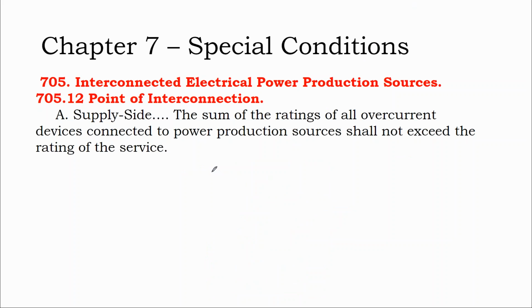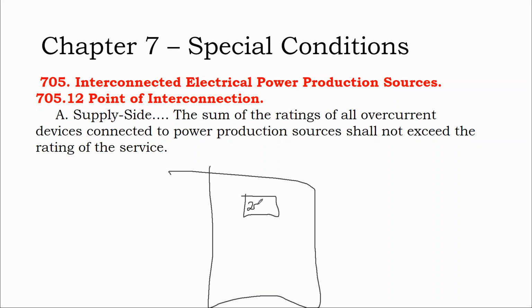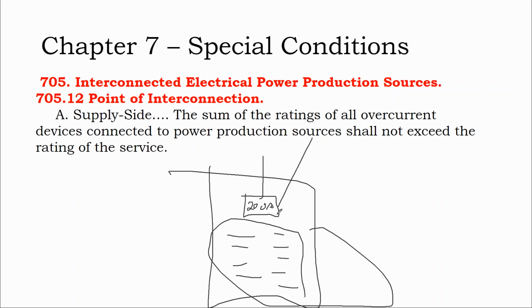On a residential electric service panel, you have a 200 amp service coming in from the grid, and you count all of the individual breakers on that service panel and add them all up. You're going to get more than 200 amps because code assumes not all of these breakers are going to be on at the same time.